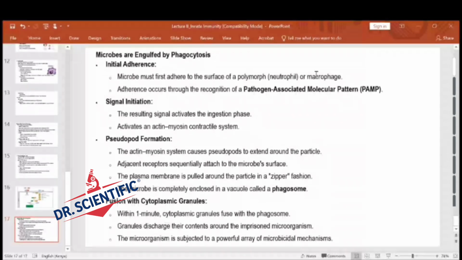So that is how the killing happens. There's phagocytic killing, but there's also radical killing, which we're going to discuss in the next class, using ROIs, which are also going to perform the killing.